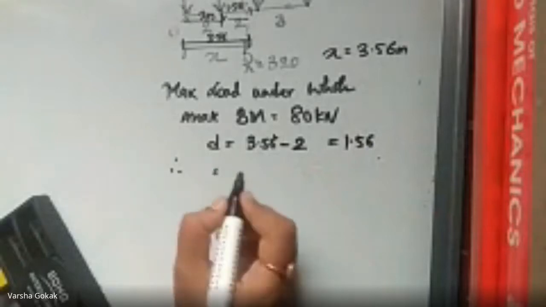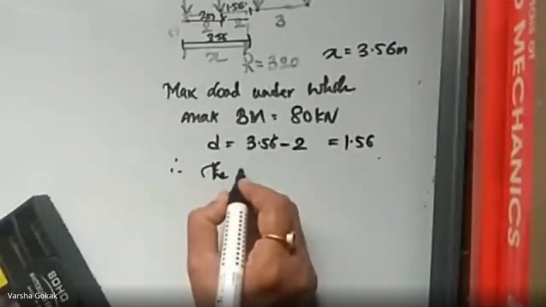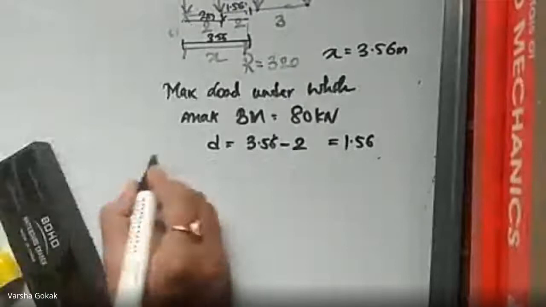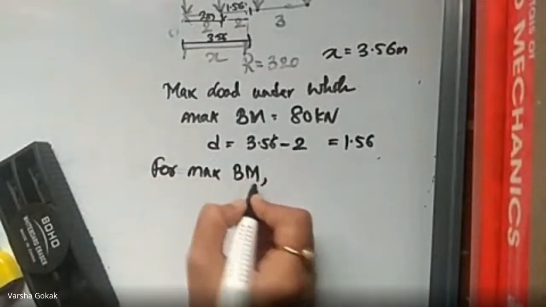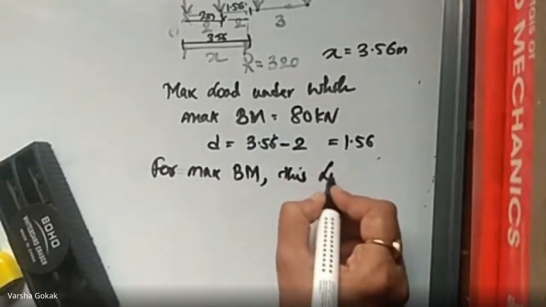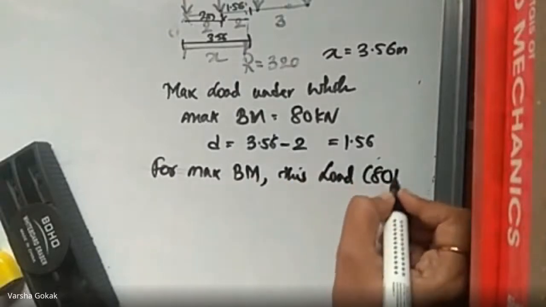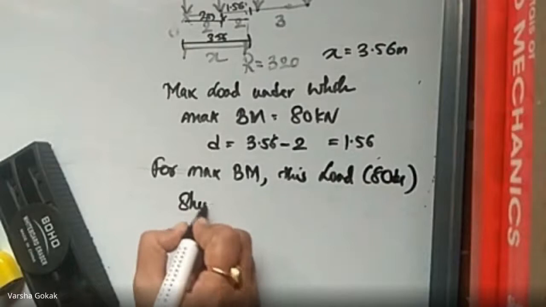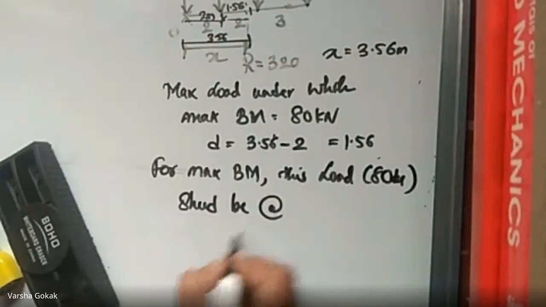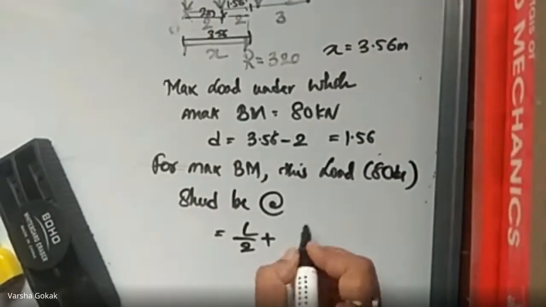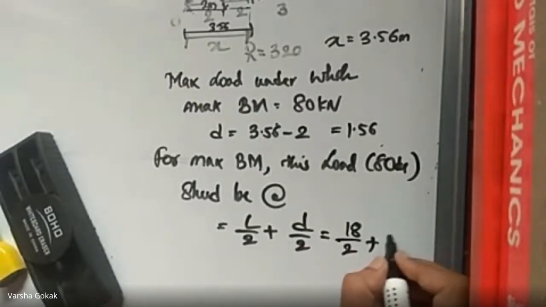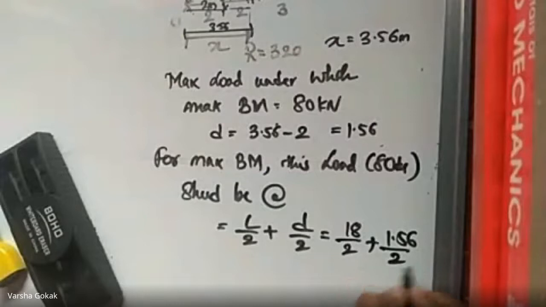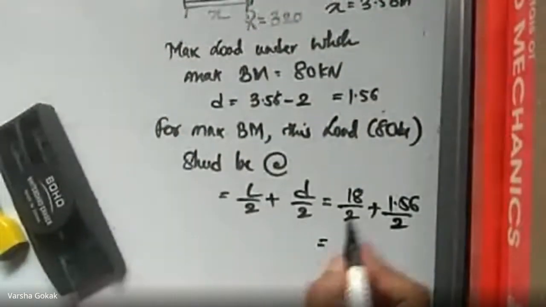Therefore, for maximum bending moment, this load, that is 80 kilonewton, should be at L by 2 plus D by 2 distance. That is 18 by 2 plus 1.56 divided by 2. How much is this? This is 9, 9.7.